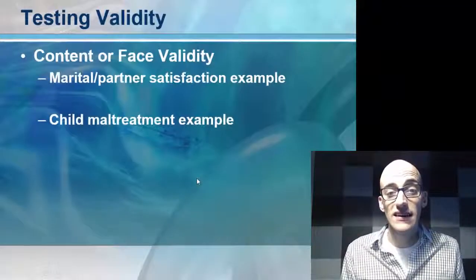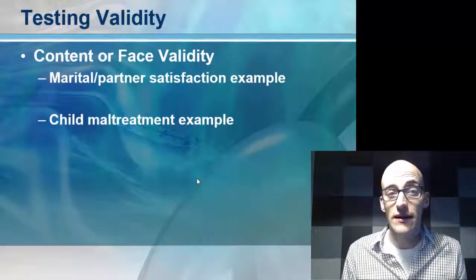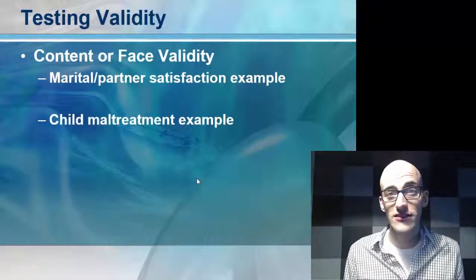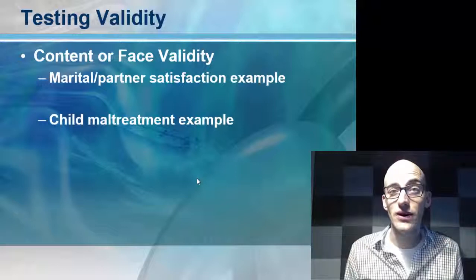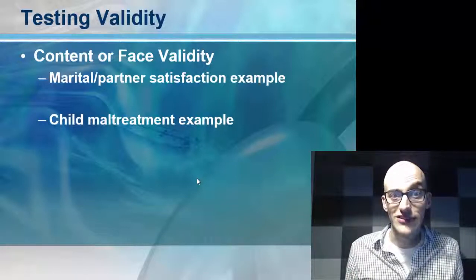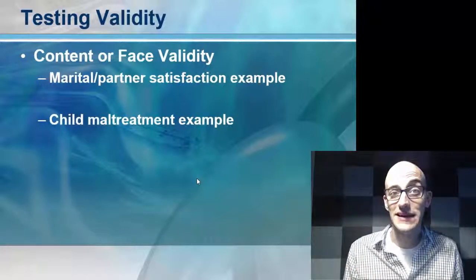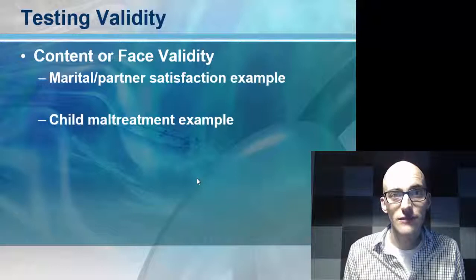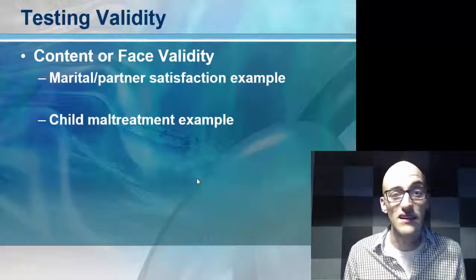All right, but let's look at a second example of child maltreatment. So content validity is a little bit more challenging, right? Because if you're looking at child maltreatment, you would want items that are related to a number of different variables related to maltreatment, right? Because maltreatment could fall under a bunch of different categories: physical, emotional, social harm, basic needs, medical care.